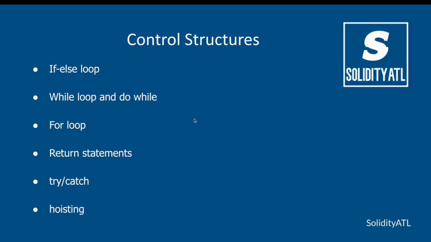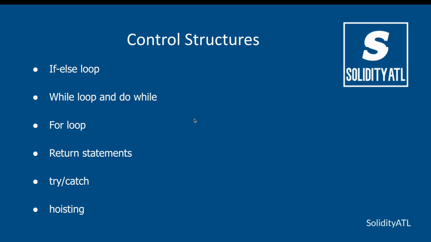You will see try-catches used and hoisting also used. But traditionally, when I'm auditing smart contracts, you don't really see too many of those. The things I mainly see are if-else, fors, and different return statements. Robert may have some more to add to that, and he may go through while loops and do-while loops as well as the other ones that I don't cover.